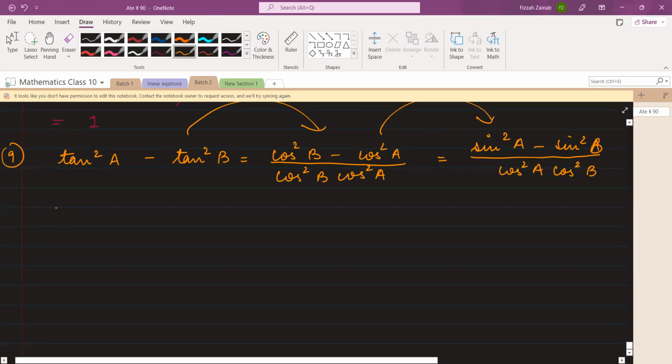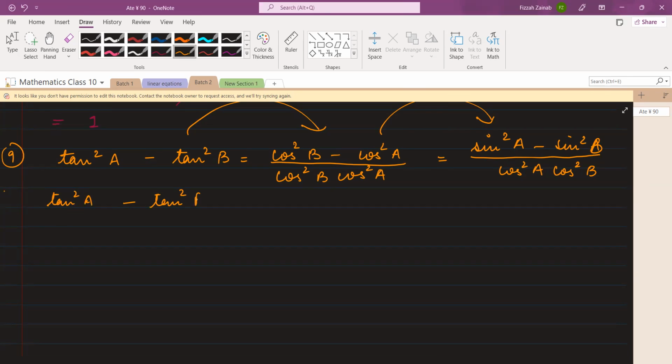Okay, let me help, right? So I'm solving this. Tan square A minus tan square B, right? Now this can be written as sine square A upon cos square A minus sine square B divided by cos square B, right?